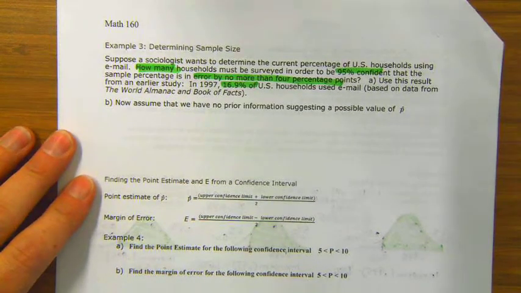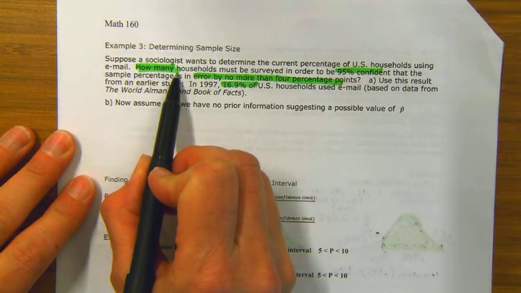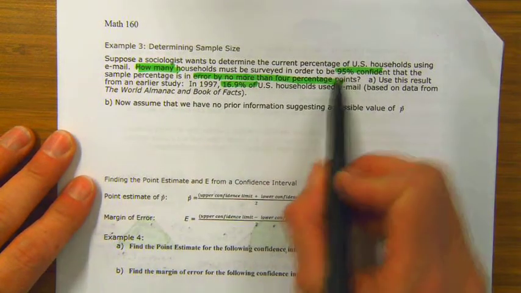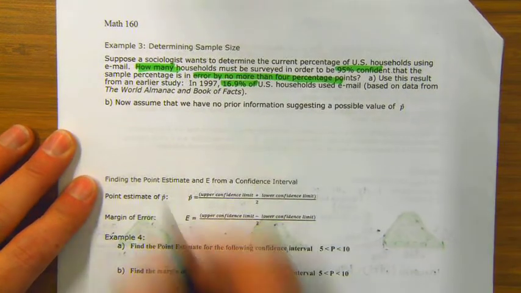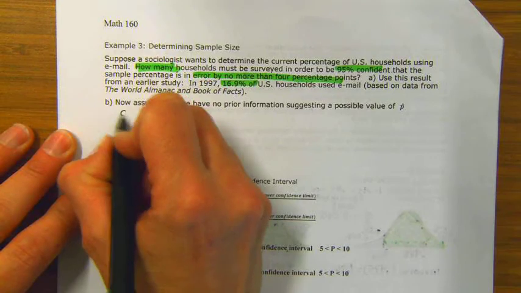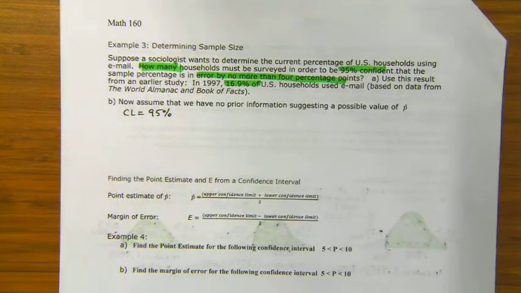So let's see what we have given. So how many means we're trying to find out what N is. We're 95% confident. That is our confidence level. And that's going to determine our critical value.